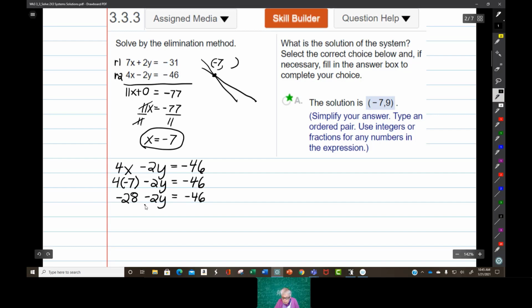Now I want to solve for this term, and that number takes the sign in front of it.